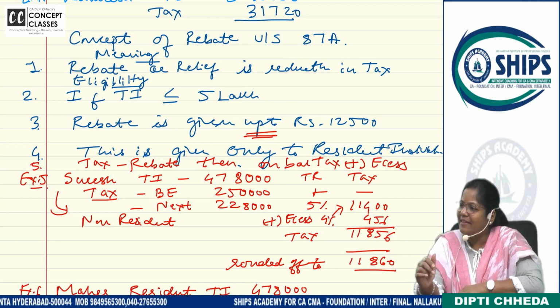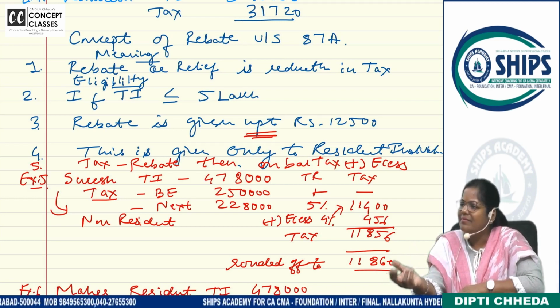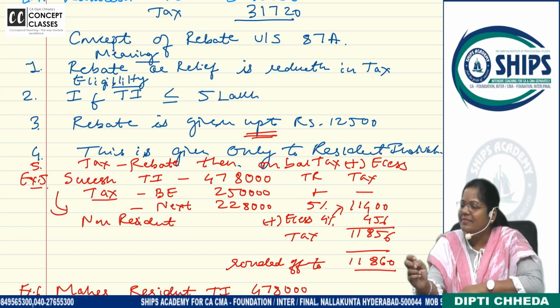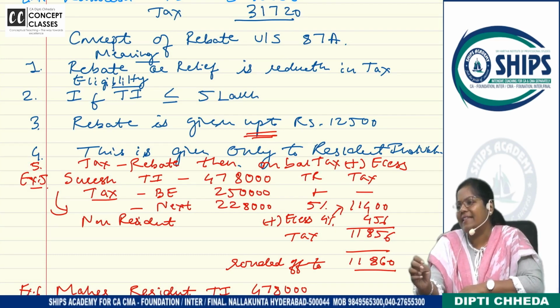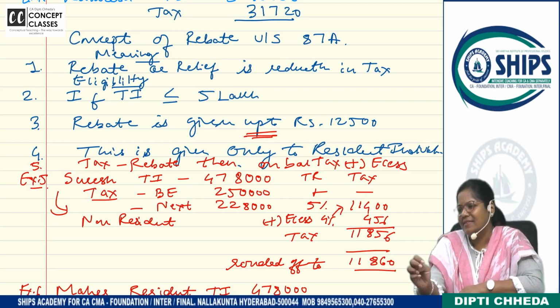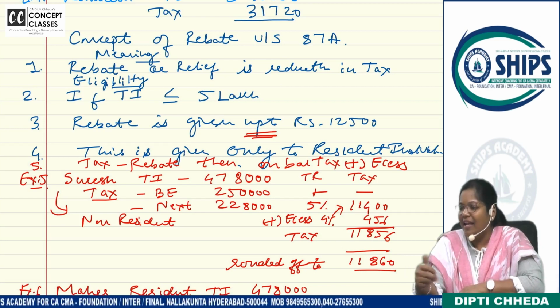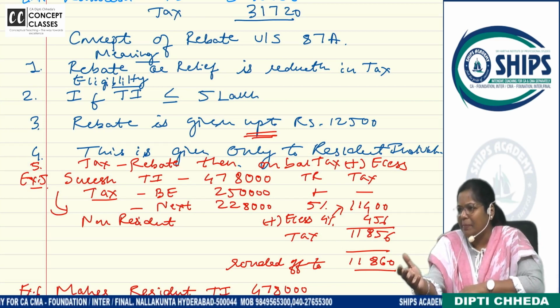Above 5 lakh. No, there are some incomes which are taxable at 30%. Like I have not taught you special incomes, now we will.